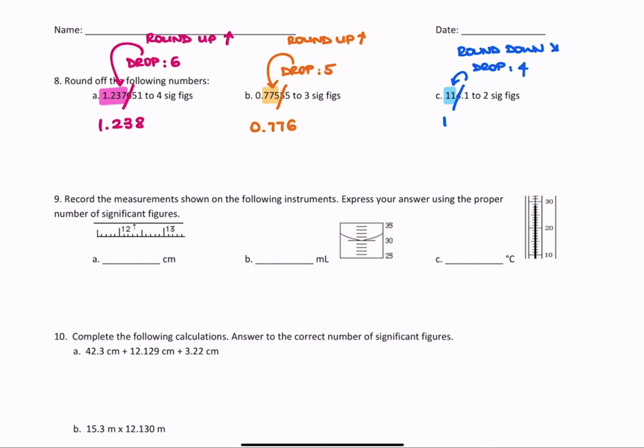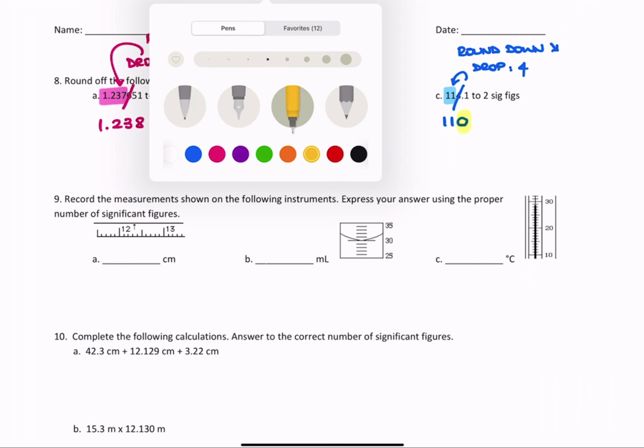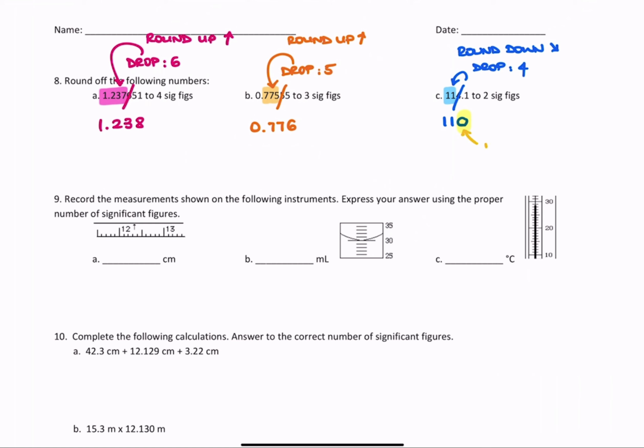I'm going to keep the 2 ones, but what you have to be very careful of is that usually students tell me, well, this is 11. You need to keep the size of a number. Therefore, the digits that you're dropping that are part of the non-decimal portion have to be kept as zeros. Why do you need to keep the 0? To keep the size of the number, okay? So you add a 0 here.